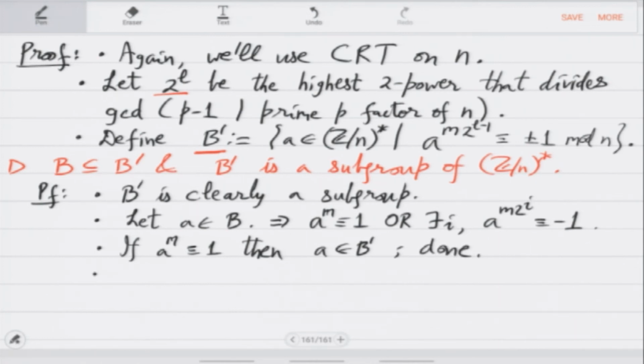So let us assume that A raised to m 2 raised to I is minus 1 mod n.